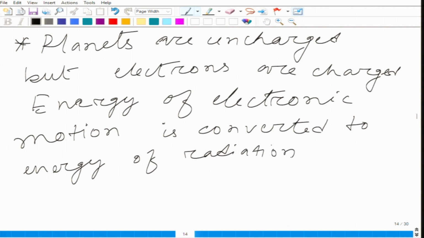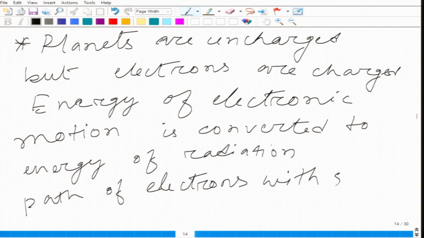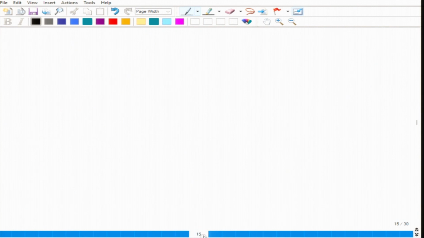So the energy will decrease, that is, the energy will be emitted as radiation. So the path of electrons will shrink. They will form kind of a spiral path.